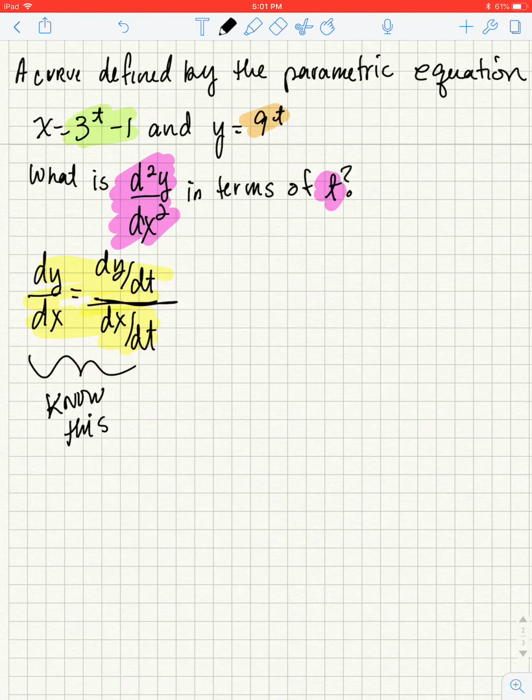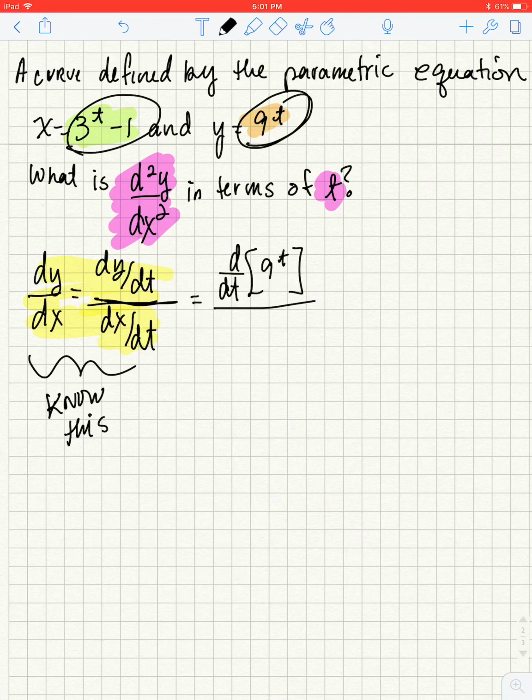Okay, so we could do each derivative. Look at dy/dt: you're taking the y function in terms of t and taking the derivative in terms of t, and then we're doing the same thing with the x function.